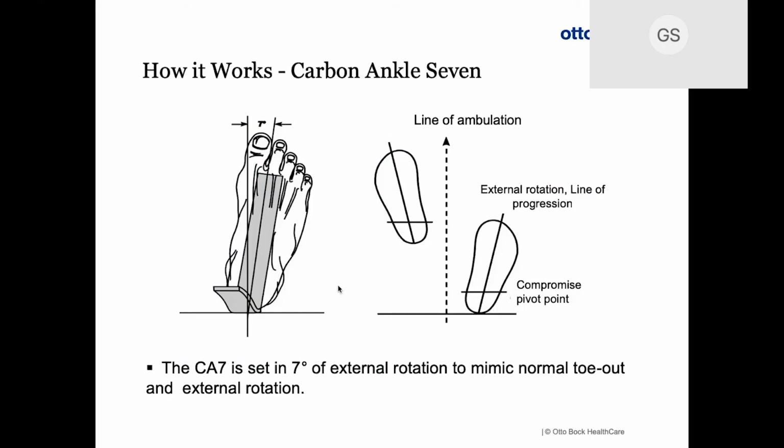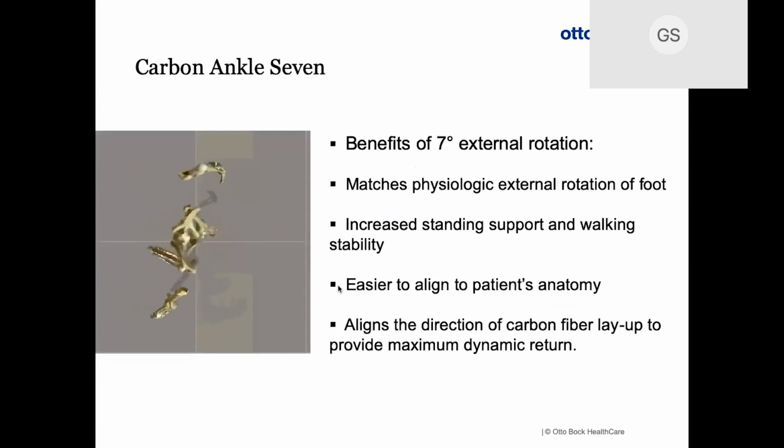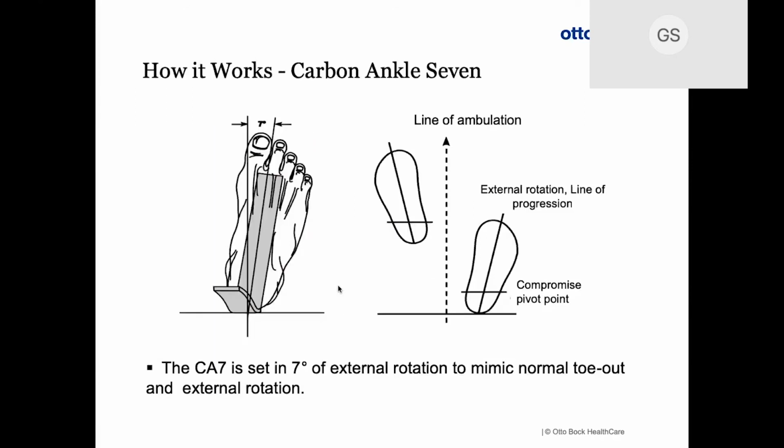Those of you might want to take a guess. And actually, you're all wrong. It's a trick question. It actually lessens it about 60%. So it's really important to match that external rotation accurately. And 7 degrees seems to capture the mid-range between how people present themselves and how they walk.